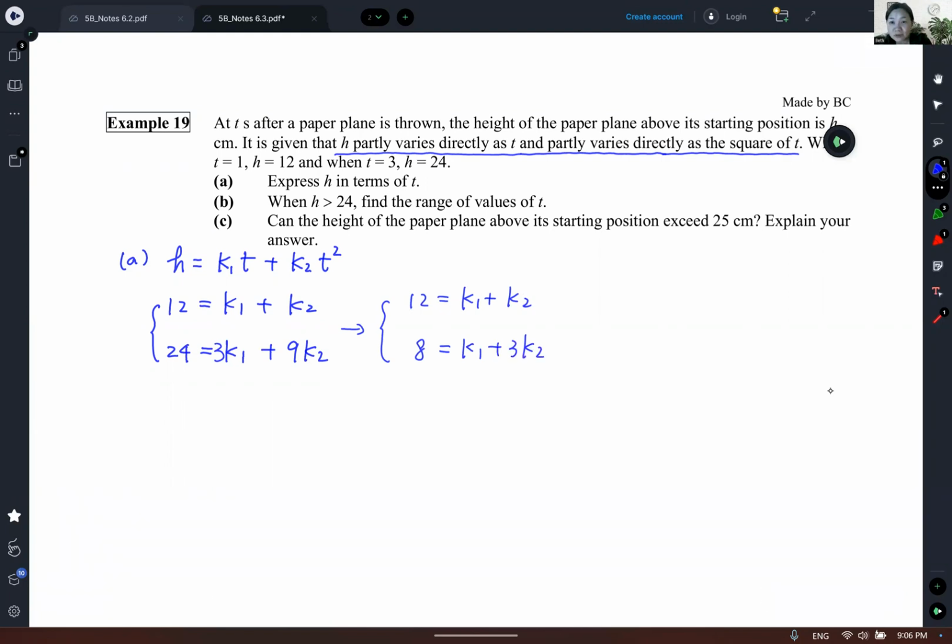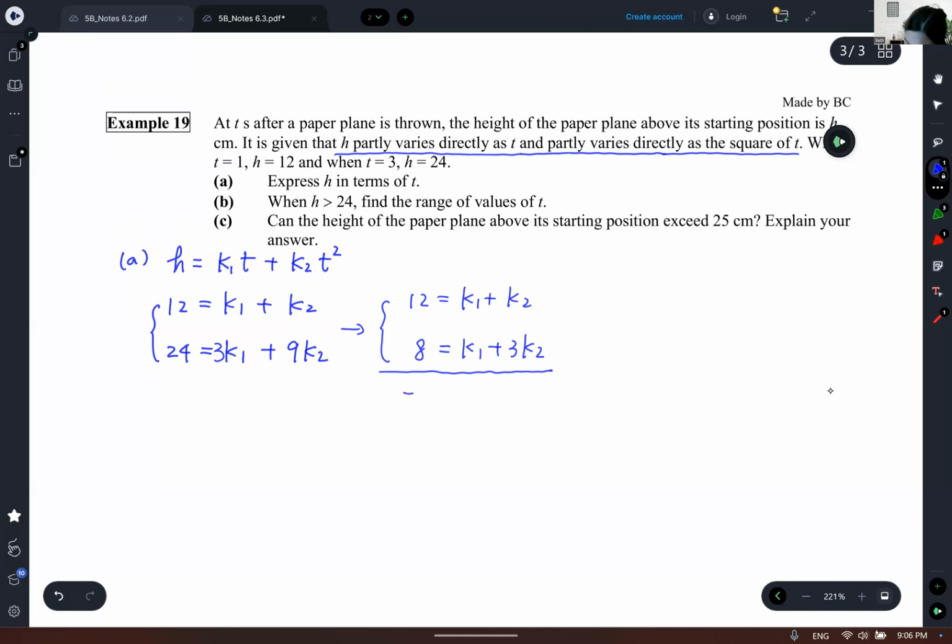If I can reduce, I will not multiply. I will reduce. So 4 equals 0 minus 2k2. K2 equals -2.